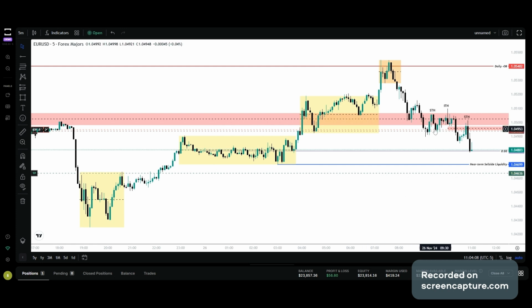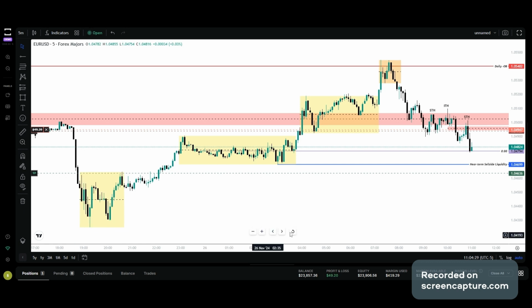And there's your advanced market structure. So we can see here my low-hanging fruit is right here below our first accumulation. Now ultimately I believe price will get down here.